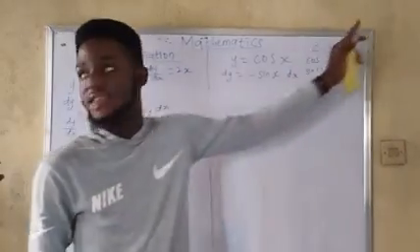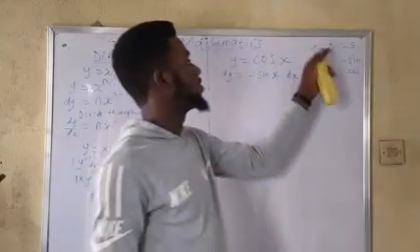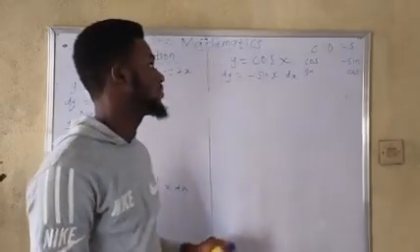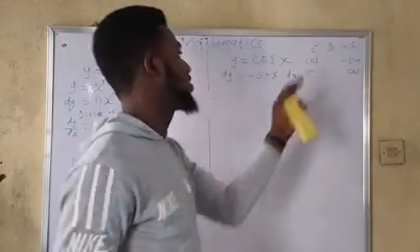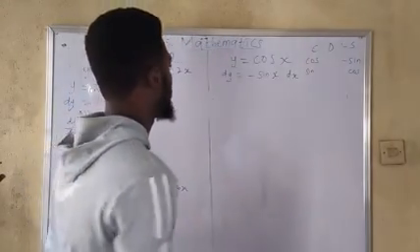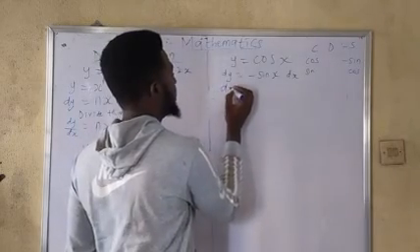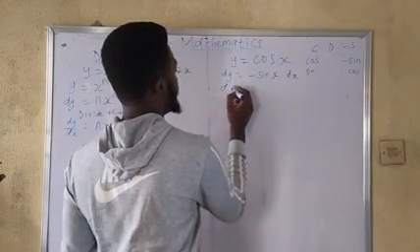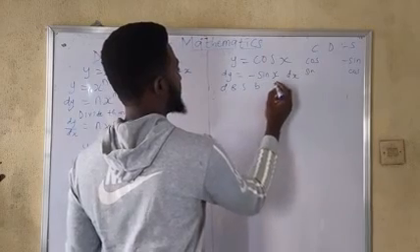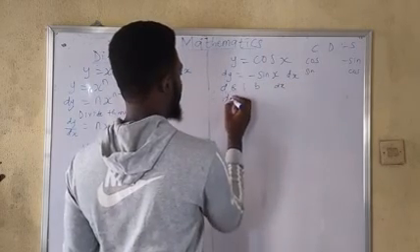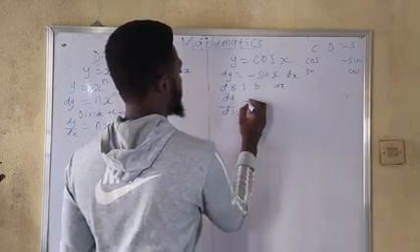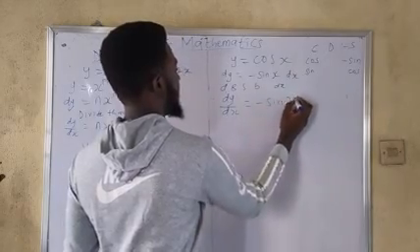So don't forget this CDS, which says cos differentiated gives minus sine, and sine differentiated just gives cos, not negative cos. Then you divide both sides by dx, and I get dy/dx equals minus sine x.